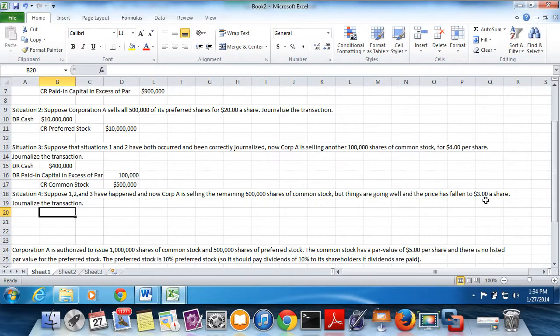The price has fallen to $3 per share. Again, that's going to look a lot like this transaction here, because we're selling below par value, with a slight wrinkle. So, first step, always the first step: debit the cash for whatever amount we're making here. We see 600,000 shares times $3 per share gives us $1.8 million.